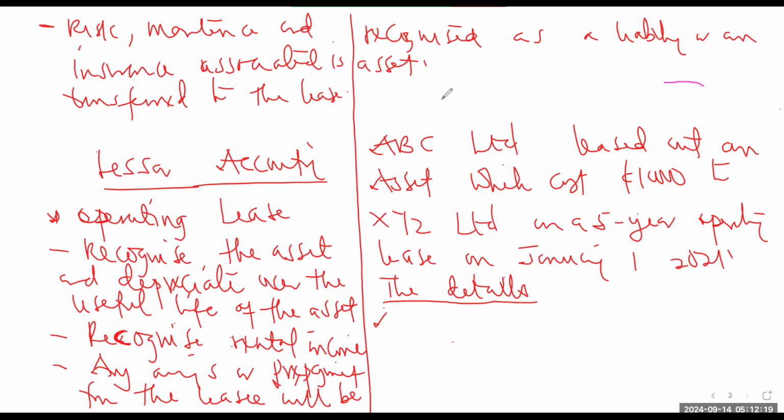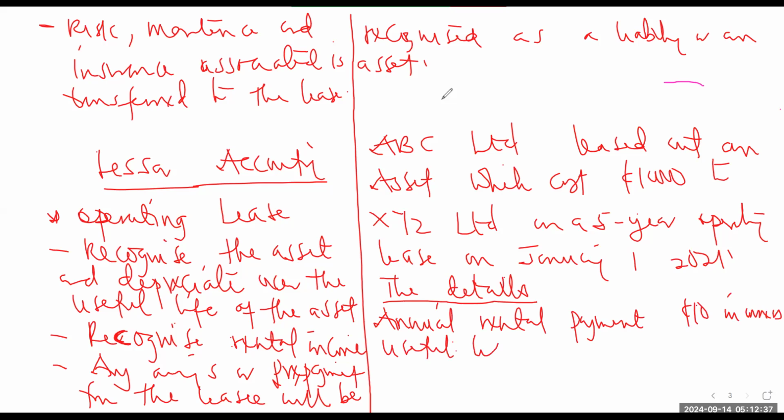We have the annual rental payment, let's say it's 10 in arrears. The useful life of the asset at the date of the lease is 10 years.